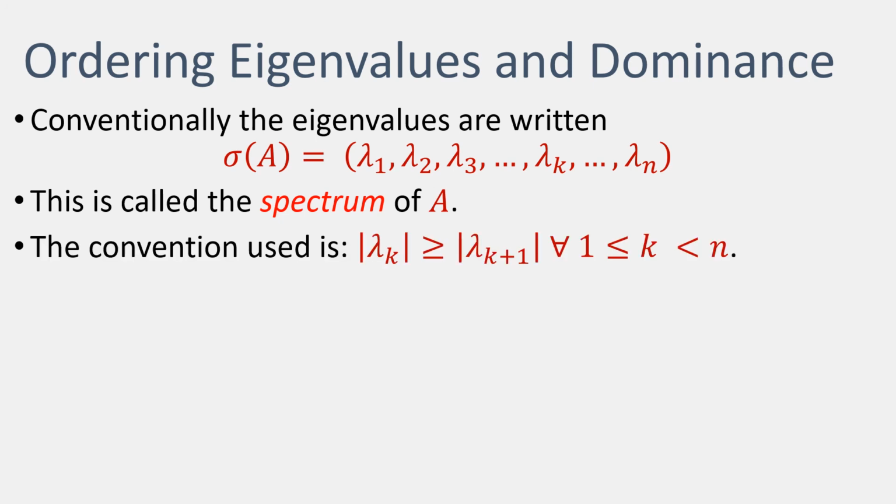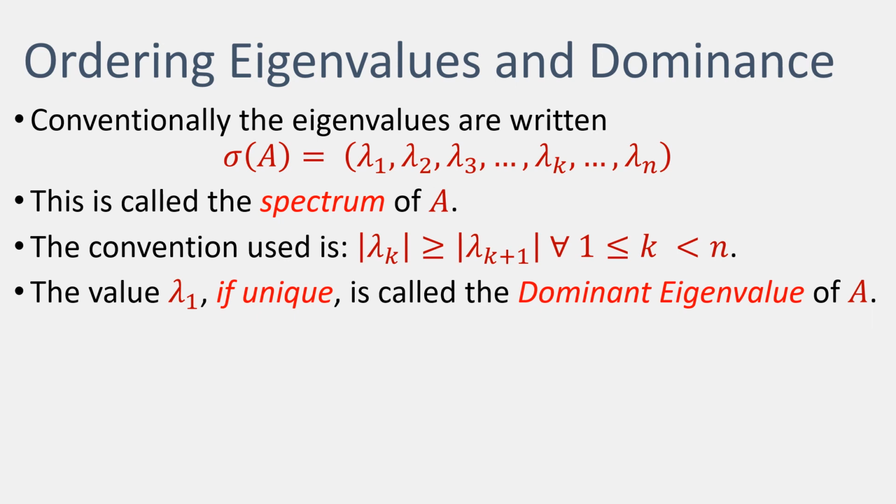The convention that's used is that the first eigenvalue we regard as the one which is largest in size. Bearing in mind that some of these may be complex numbers, the notion of size that's used here is the notion of modulus from complex numbers. So the order here: this eigenvalue has larger size than this, has larger size than that, and so on, down to the smallest eigenvalue. The sizes may not be distinct.